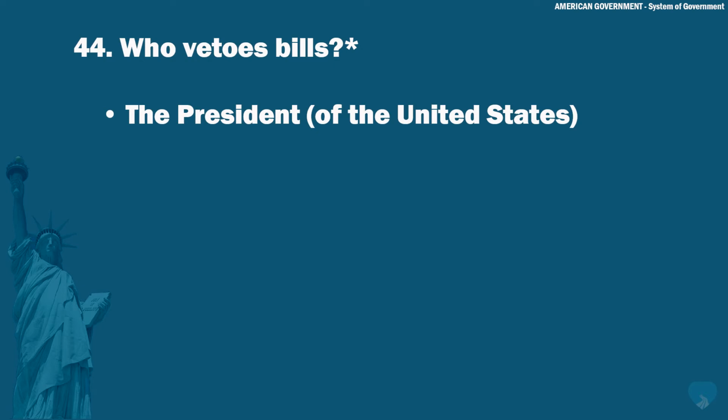Question 44. Who vetoes bills? The President of the United States. Question 45. Who appoints federal judges? The President of the United States.